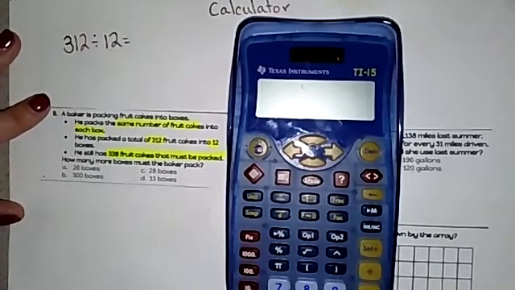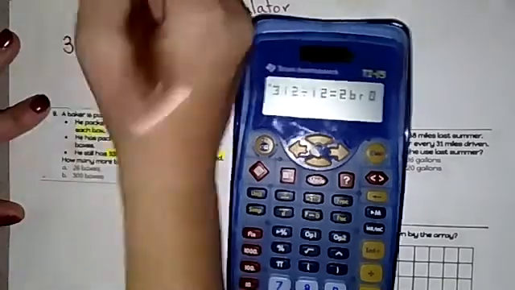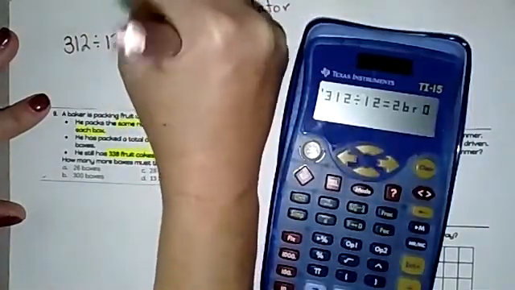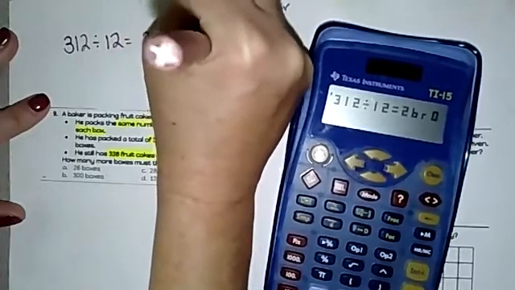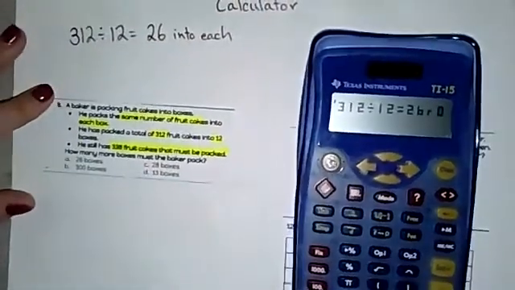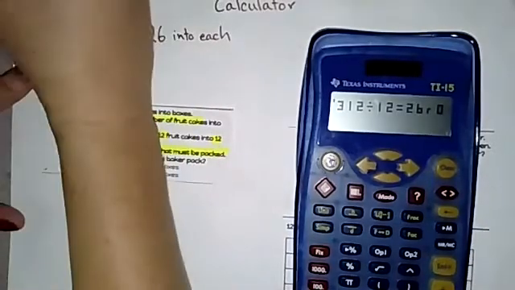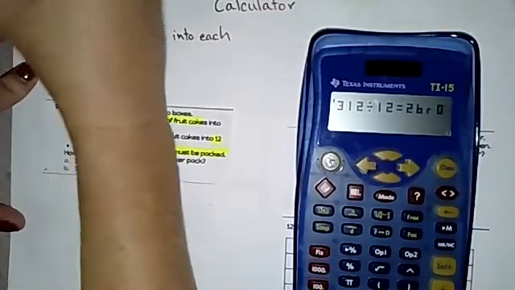So there's 312 divided into 12 boxes. So into each box, he's putting 26, right? 26 into each. Well, he's got some more to pack, doesn't he? Okay, but we know that in every box, he's putting 26.